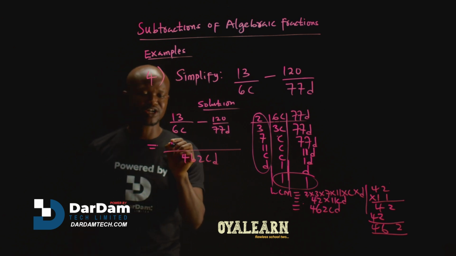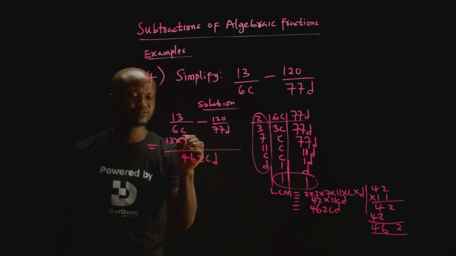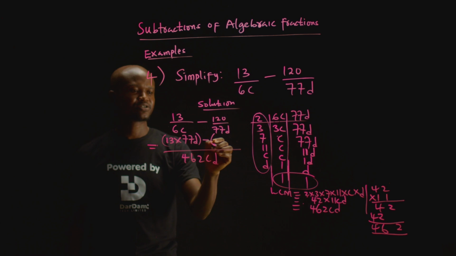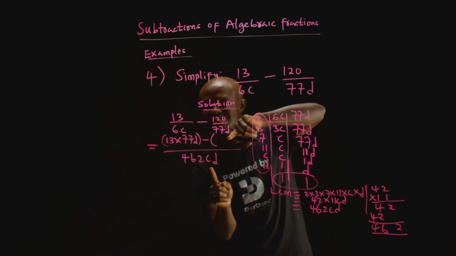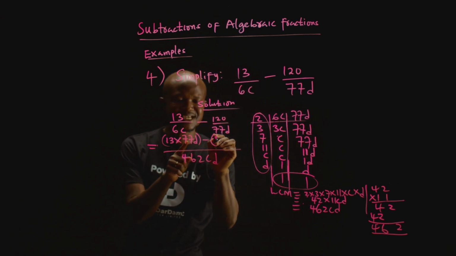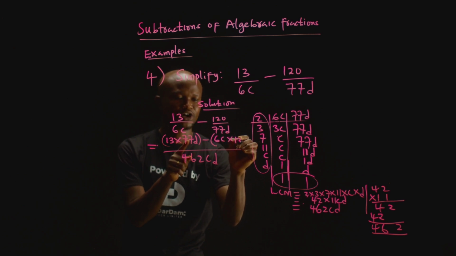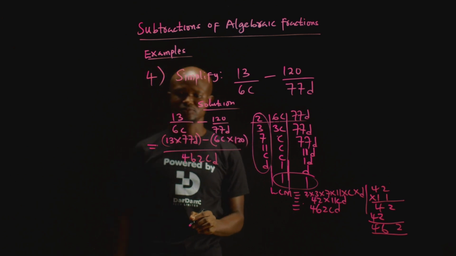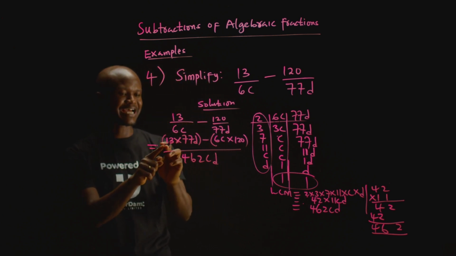So we are going to have here 13 times 77D minus, now 462CD divided by 77D will give us 6C. So we have 6C times 120 here also. So in this case, we need to multiply this together.